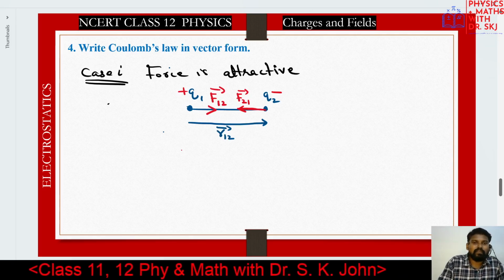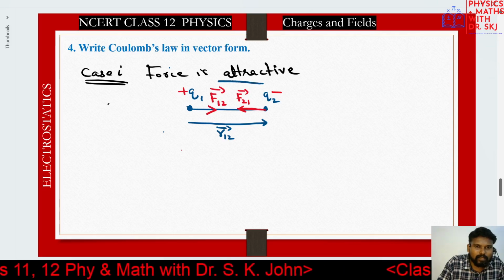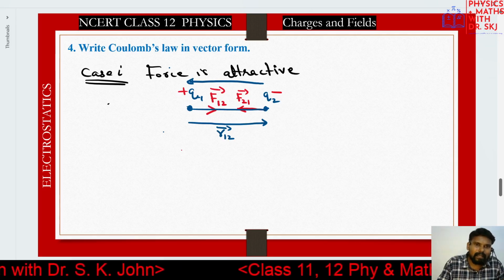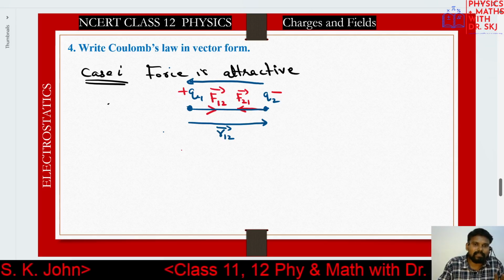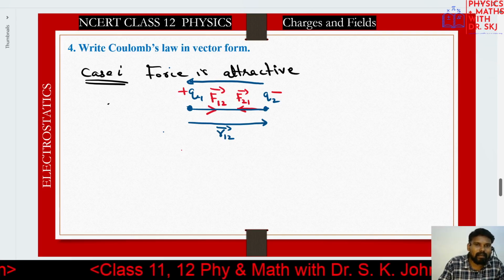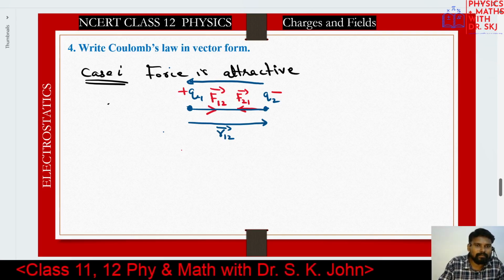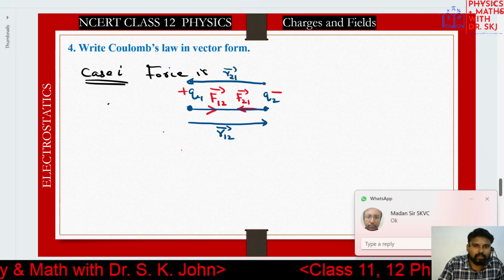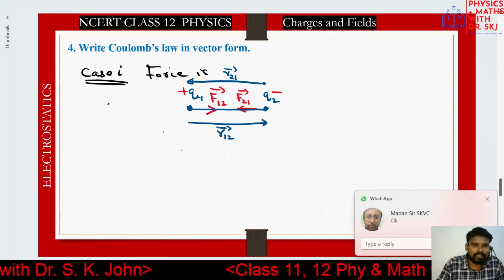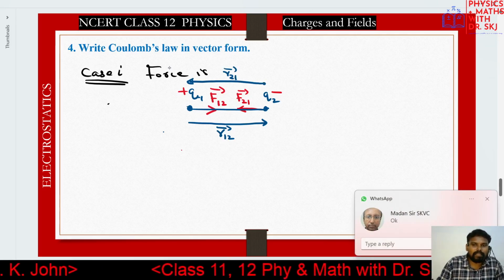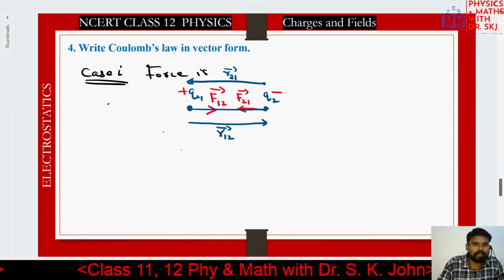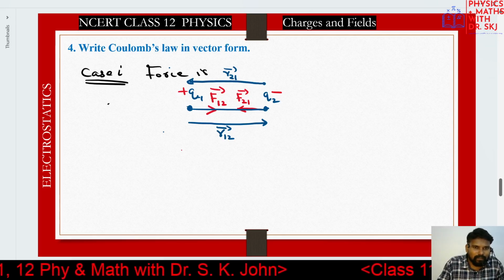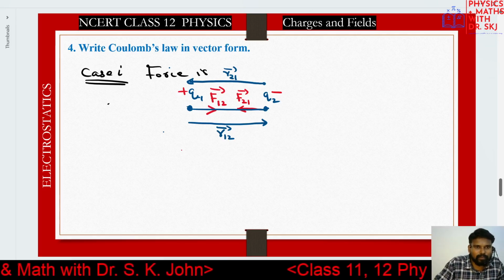If I consider the vector from right to left, that means from Q2 to Q1, I am representing that distance as a vector, then it is R21. Vector from 2 to 1. The other one is vector from 1 to 2. So when I write F12, how can I write F12 here?